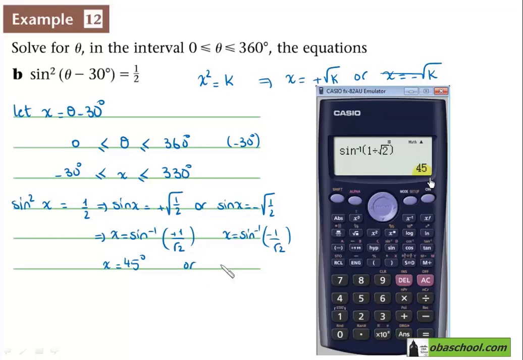Or x is, you simply insert minus 1 instead of plus 1. The answer is minus 45 degrees. This angle is not within the interval given, so we need to change it.